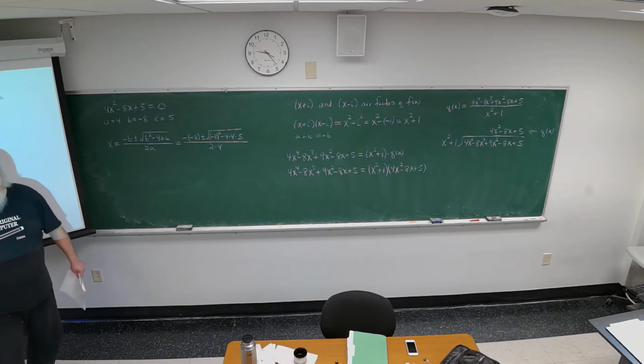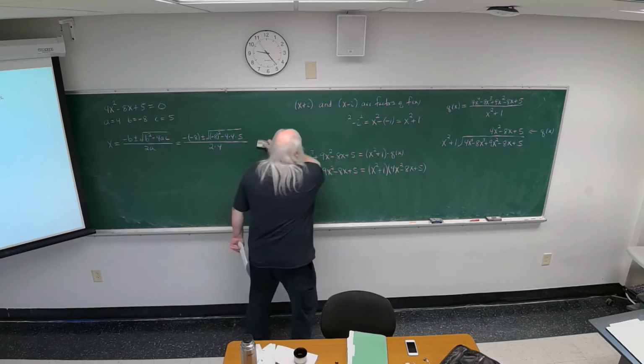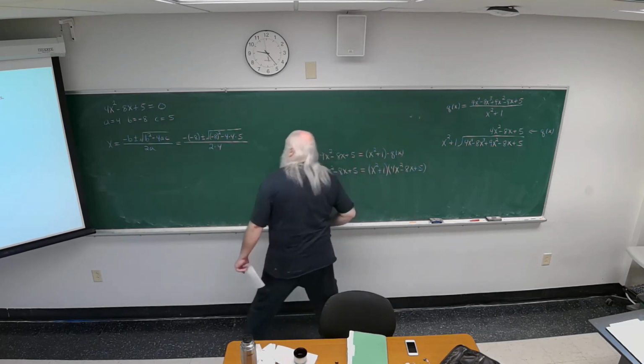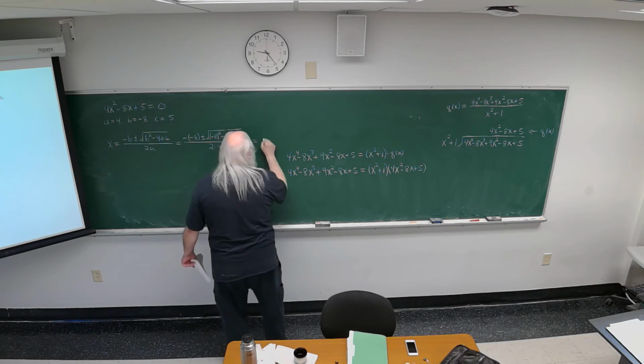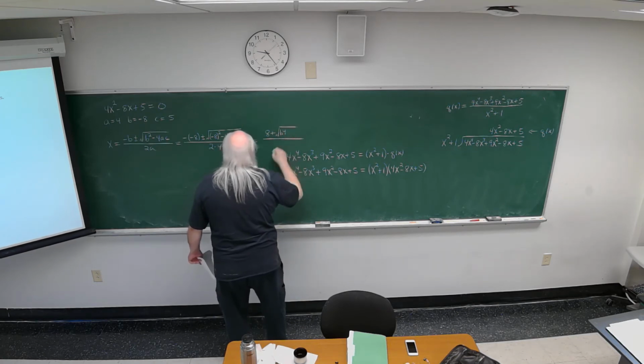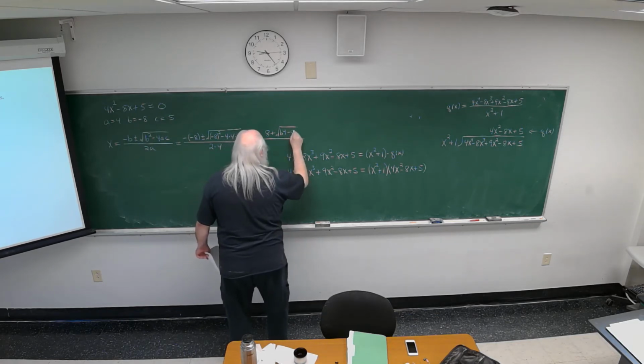So far, so good. So now it's arithmetic. Negative 8 is plus 8. Negative 8 squared is 64. And minus 4 times 5 is minus 80.